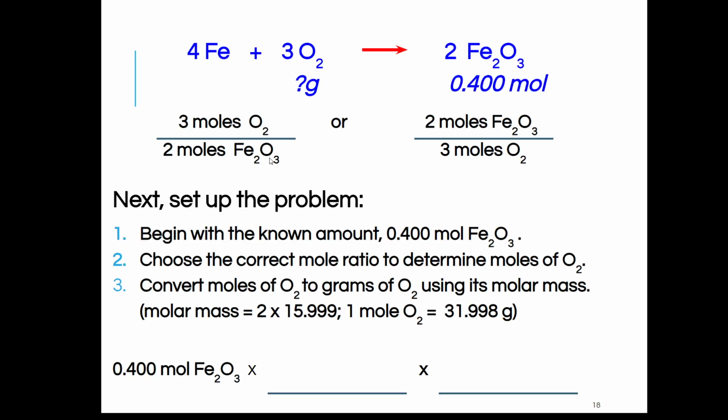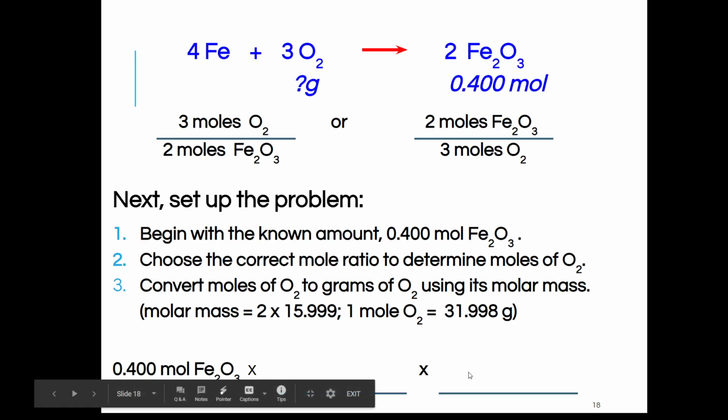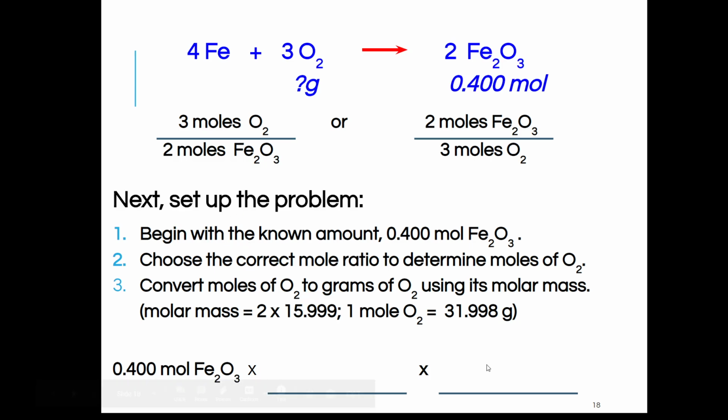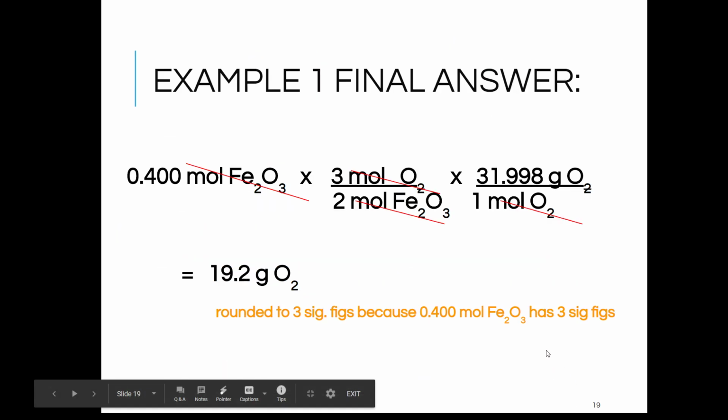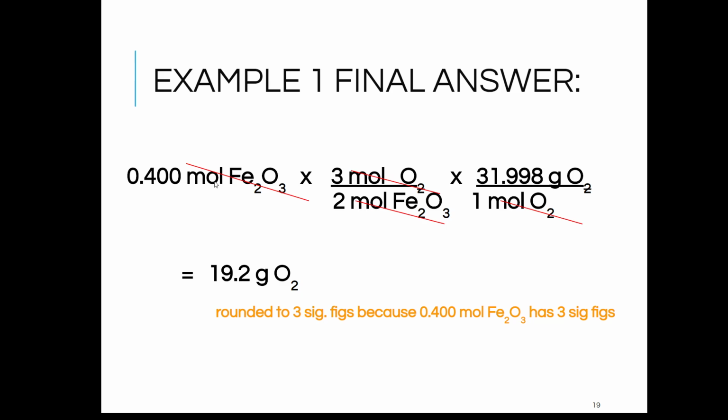The last step that we're going to do is convert from moles to grams. And this is something that we've been practicing for like the last week or so. It's going from moles to grams. So we're going to have moles on the bottom and then grams on top. So our equation will end up looking like this, where here we have 0.0400 moles of Fe2O3.